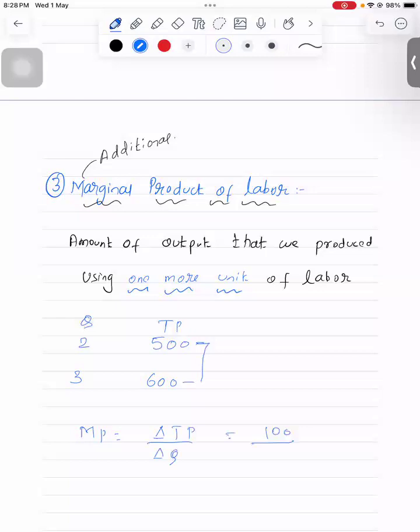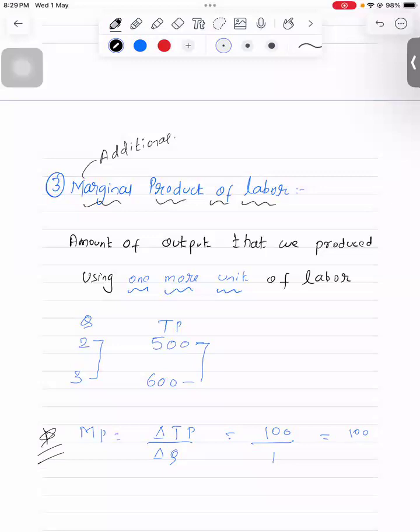Earlier we had two labors, now we have three, so change in quantity is 1 unit. So 100 divided by 1, you will get 100. This is an important formula to remember: marginal product equals change in total product divided by change in quantity.